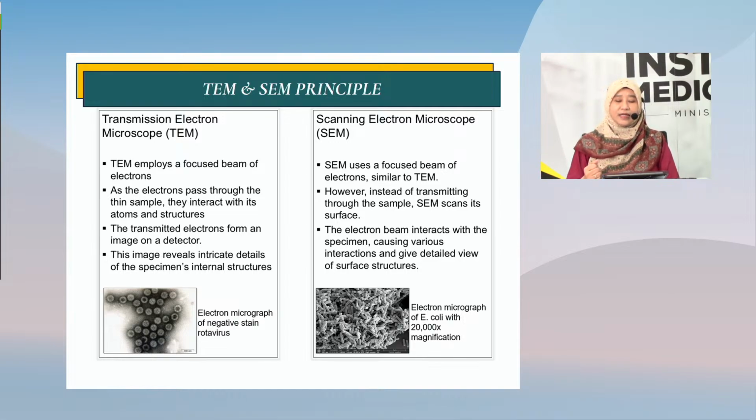This emitted electron serves as a signal to build up the final image, as you can see in the electron micrograph of E. coli, where the 3D image results from the different reflected angles of the electrons.